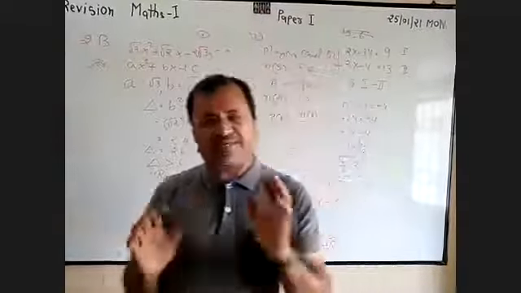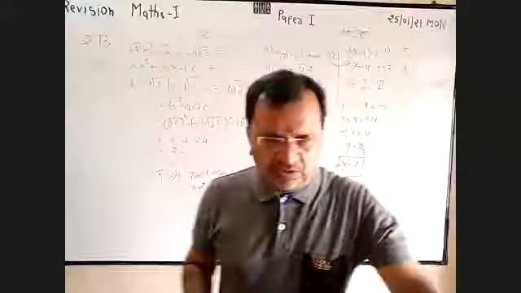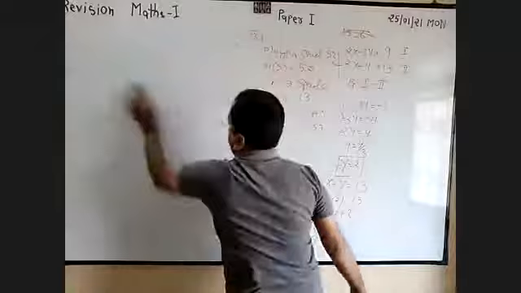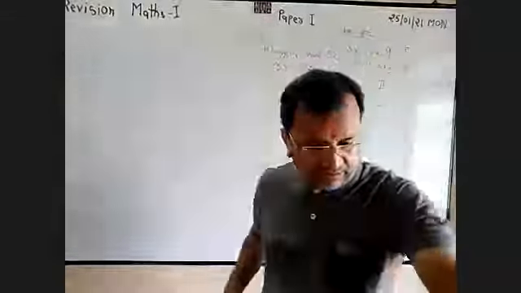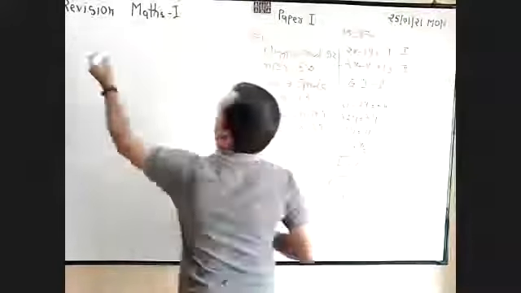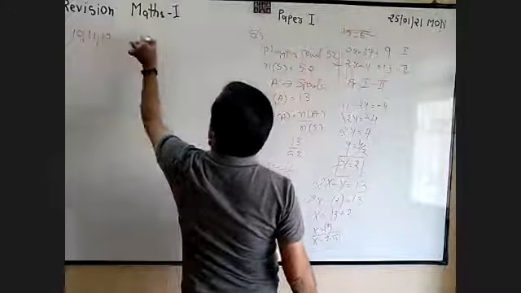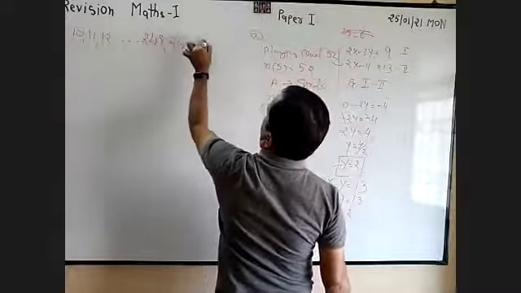How many numbers from 10 to 250 are divisible by 4? So how to get? 10, 11, 12, up to 248, 249, 250.